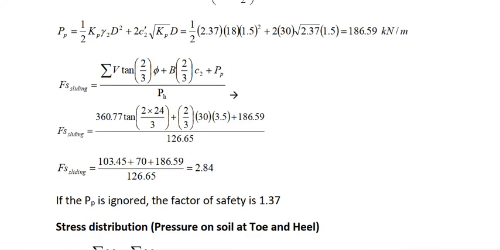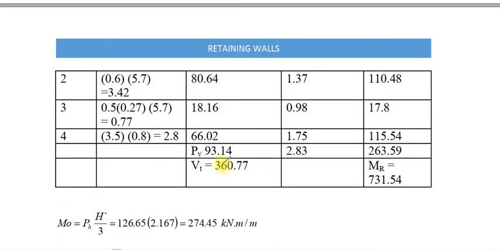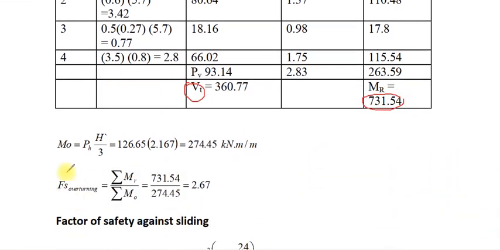Then multiply the weight by the arm and obtain the moment. Here we need the total weight and the total moment. To compute M0, which represents the applied moment, PH multiplied by H/3 gives us 274.